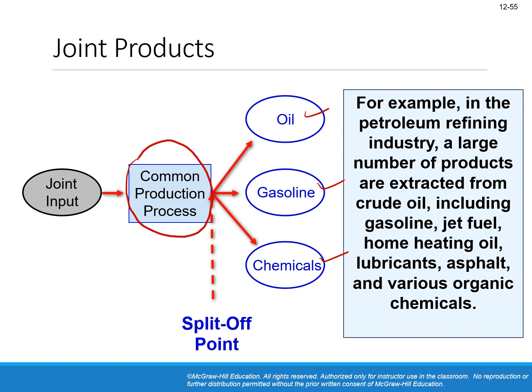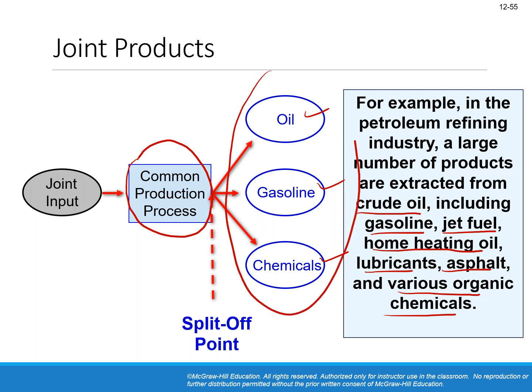So for example, in the petroleum refining industry, a large number of products are extracted from crude oil, including gasoline, jet fuel, home heating oil, lubricants, asphalt, and various organic chemicals. So should you sell them at this stage or go further with the production process to get asphalt, lubricants, and organic chemicals?